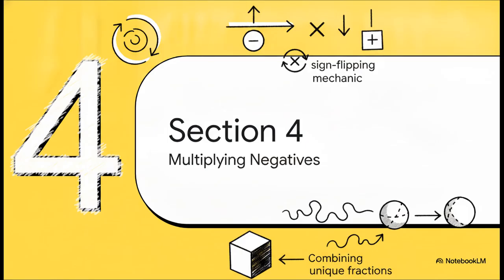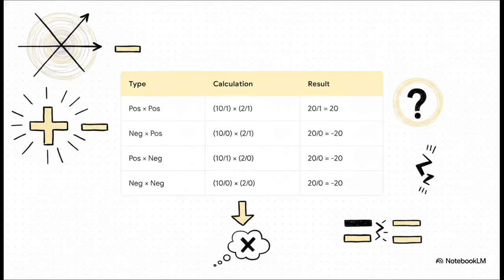Now that we've got the sign flipping mechanic down, let's see what happens with multiplication. Walk through this table with me, because this is where the magic happens. The first row is super simple. Positive times positive. 10 over 1 times 2 over 1 equals 20 over 1, which is just 20. Totally normal. Row 2 is negative times positive. 10 over 0 times 2 over 1 equals 20 over 0. And by the author's rules, anything over 0 means negative, so we get negative 20.